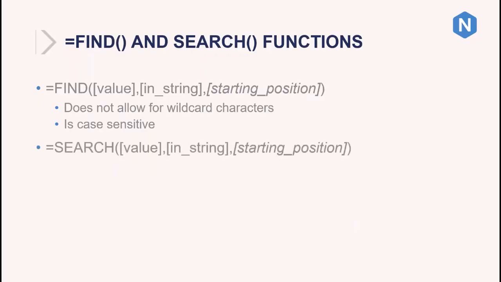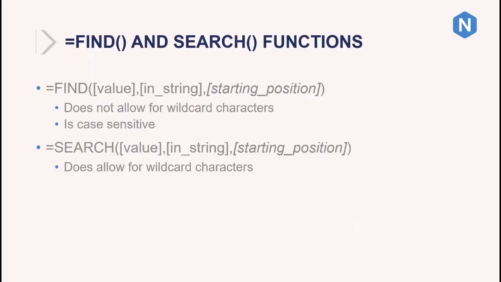Now let's talk about search. They are almost the exact same thing. You look for a value, you're searching for that value in a string, and you can specify a starting position. The only difference is the function that we're using is find or search. But the difference is search does allow for wildcard characters.